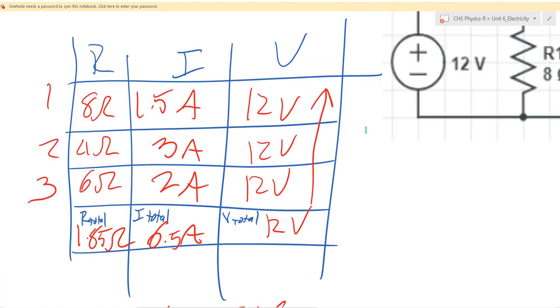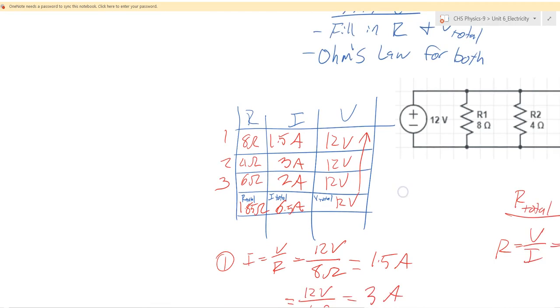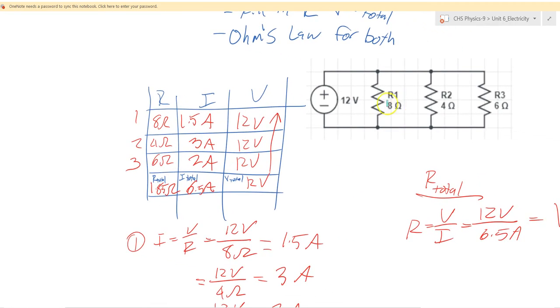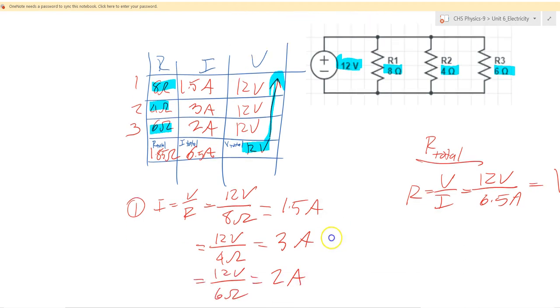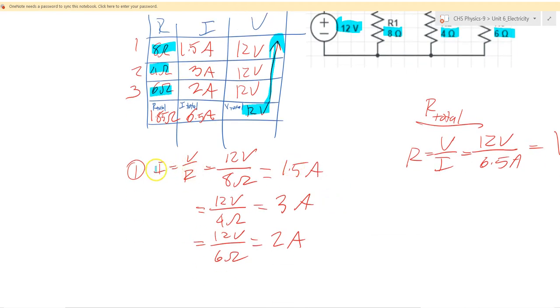Okay, here's what I got for my answers. So I started off just by recording my resistances. So I got my 8, 4, and 6. My total voltage was 12 volts, so I did that there. I was like, yeah, that's the same for all of them. So all of them were 12 volts. And then I calculated my I's. So I equals V over R, 1.5 amps, 1.5 amps, 3 amps, 3 amps, 2 amps, 2 amps.